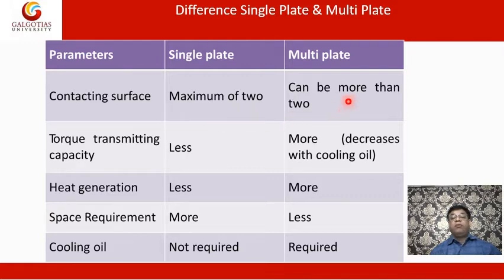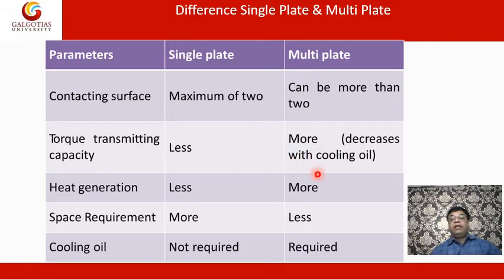Because it has more than 2 pairs, the torque transmitting capacity of the multi-plate clutch is more in comparison to the single plate clutch. So if we compare the torque transmitting capacity, the value is lesser in the single plate.